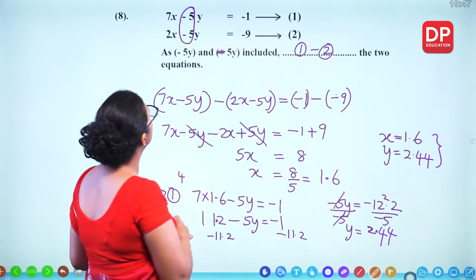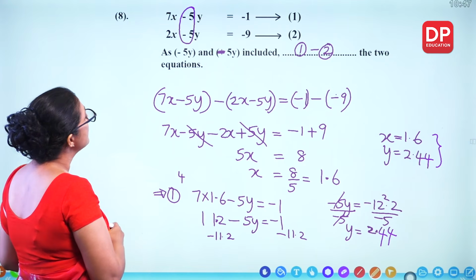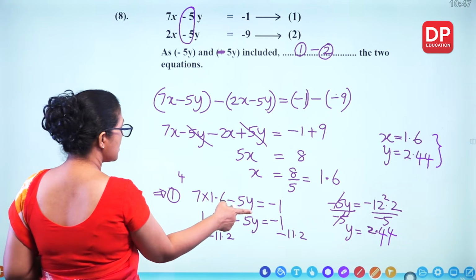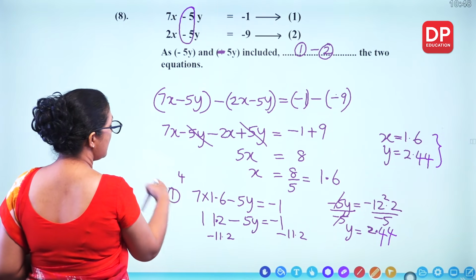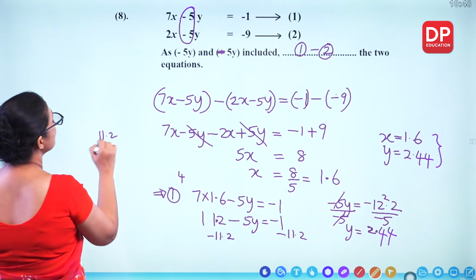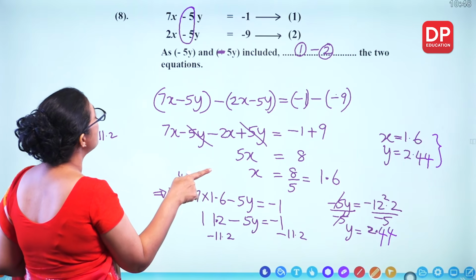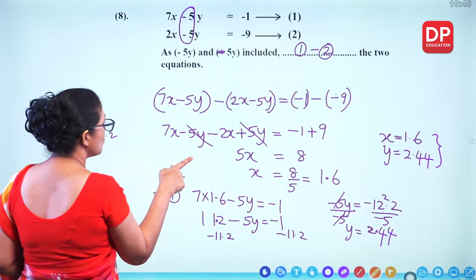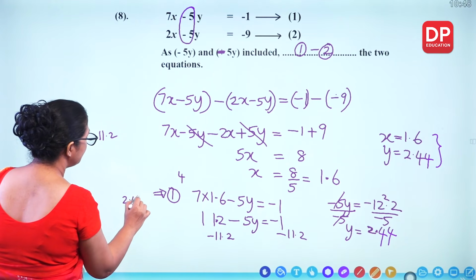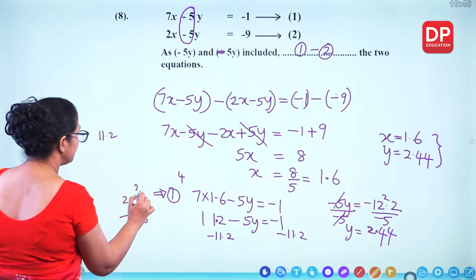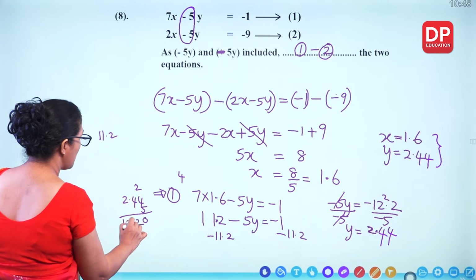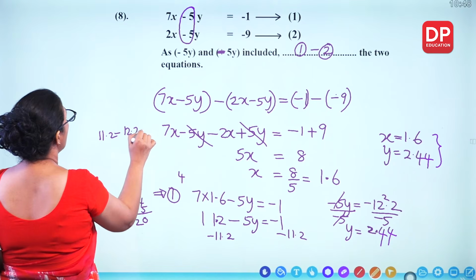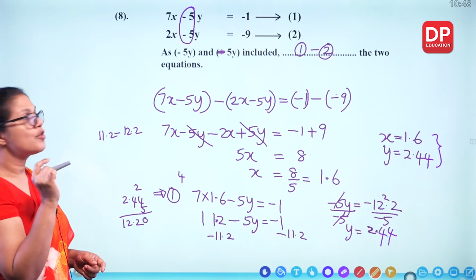You can check whether it's correct by multiplying. 7 times x, 7 times x we found 11.2. And 5 times y, 5 times that value, 2.44, is 12.2. So 11.2 minus 12.2, you get minus 1.